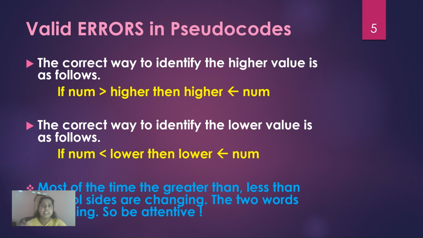Most of the time in error finding questions, the sides of the variables are changed. If number greater than higher, they change it to, for example, if higher greater than number. They change the sides, so the greater than or less than symbol sides are changed. The two words are switching. So be attentive when finding errors in algorithms.